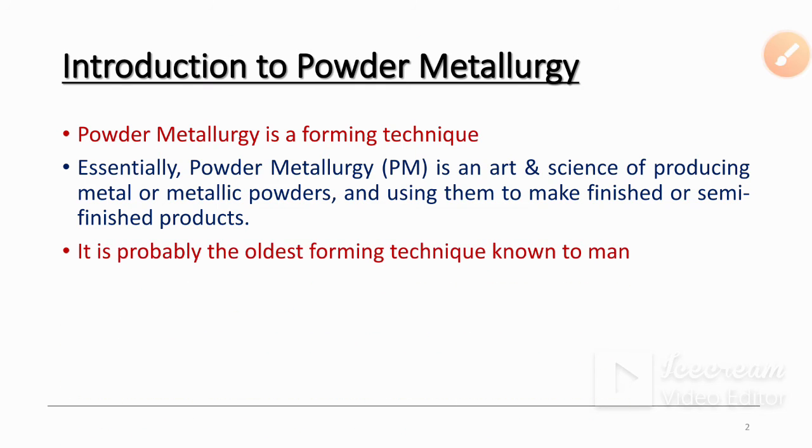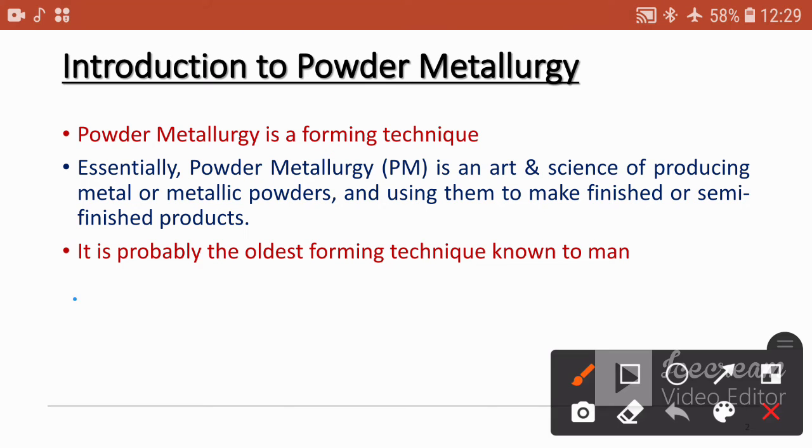So it is probably the oldest forming technique known to man. If you see the process of making rotis, making atta rotis, first we have grain particles, and next we will make a powder of these grain particles.